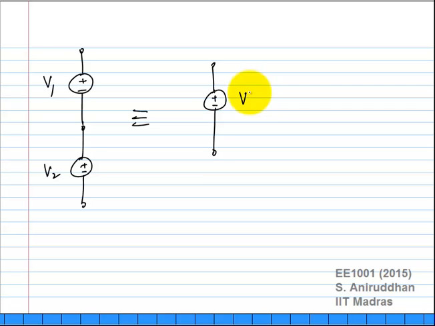I can do that. What is the value of the single voltage source? V1 plus V2. What if the polarity of this voltage source was reversed? It will be V1 minus V2.